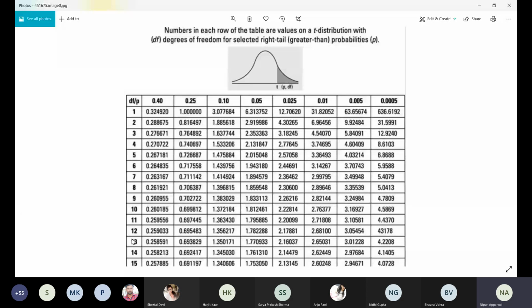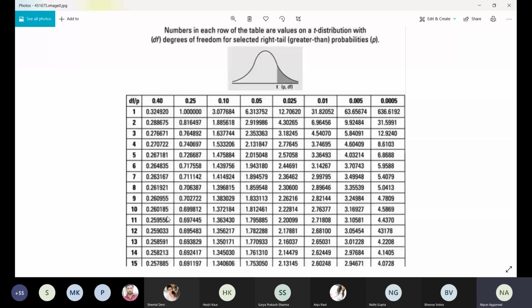Now we have to check which column to see. We have reached the degrees of freedom of 11. Now we have various values under this, so we have to check the level of significance. It is given as a 5% level of significance and it is one tail. So 5% level of significance and one tail means it is not divided into two parts.